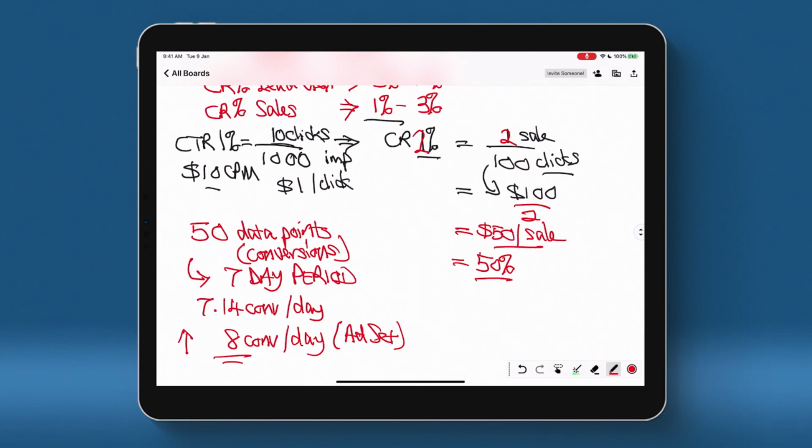So is there a problem with 1% CTR, 1% conversion rate? Well, that's not really a problem. The question is, can you hurdle over the cost it takes to drive 100 visitors, because only one will convert into a sale?